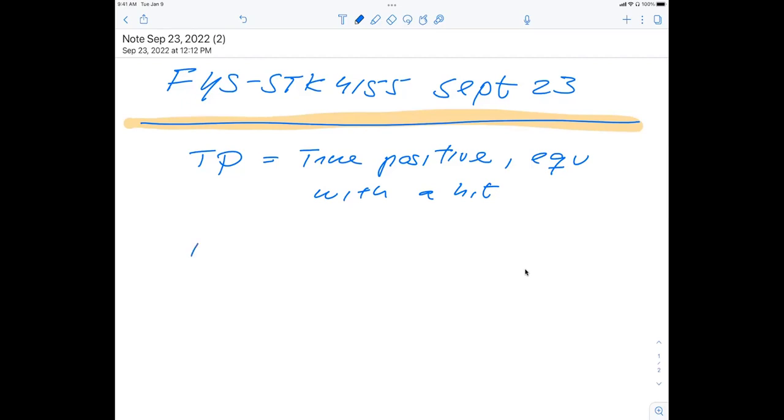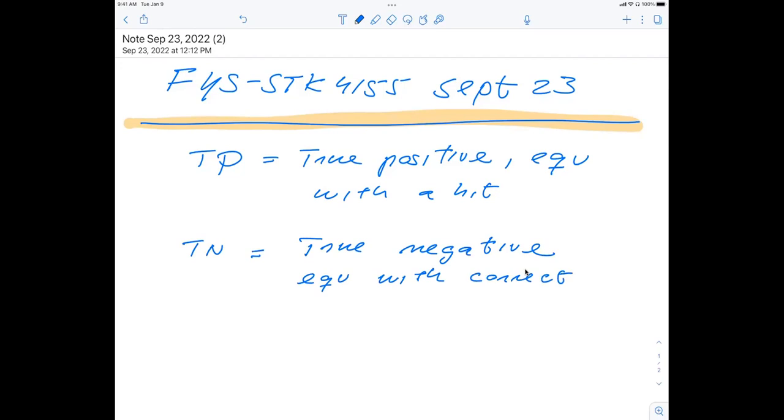And then you have a true negative. So this is a true negative, and that is equivalent with correct rejection. So in our case, you would obviously define a benign tumor as, I would say, true positive. Some people call it true negative, I don't know why. But I would say that a benign tumor is a true positive, and a not benign tumor, a malignant tumor, would be a true negative.